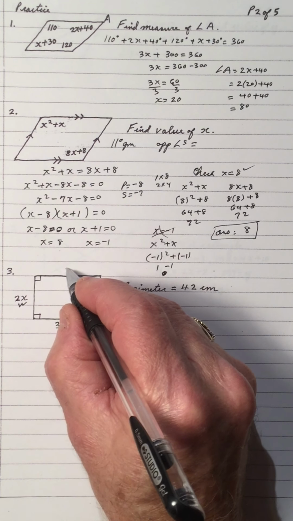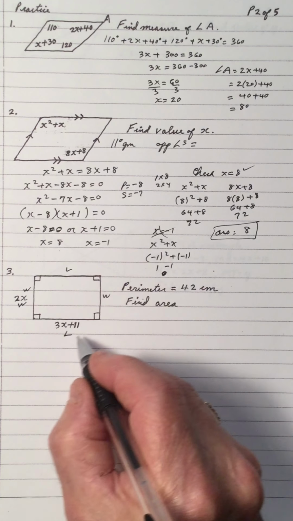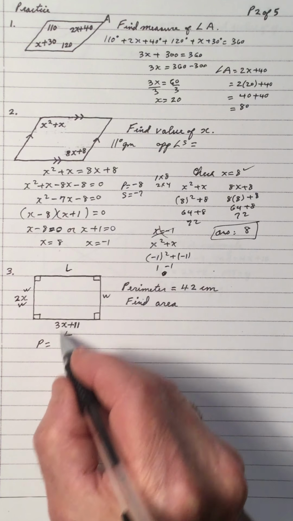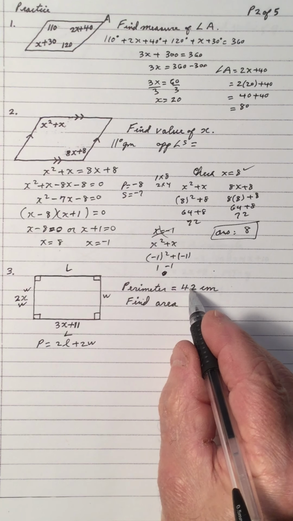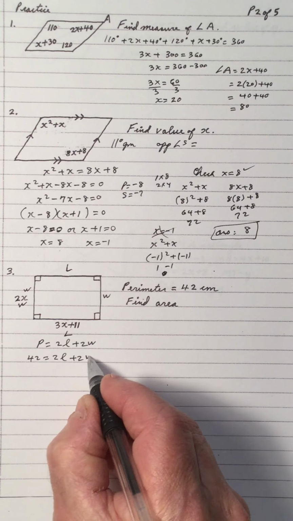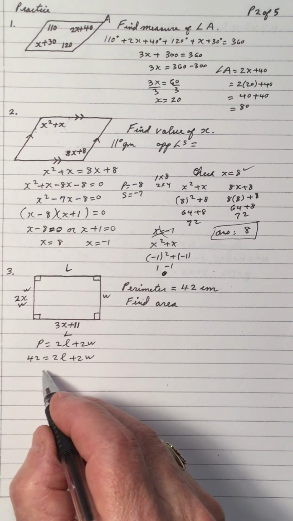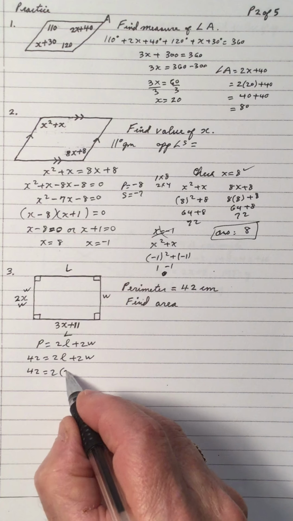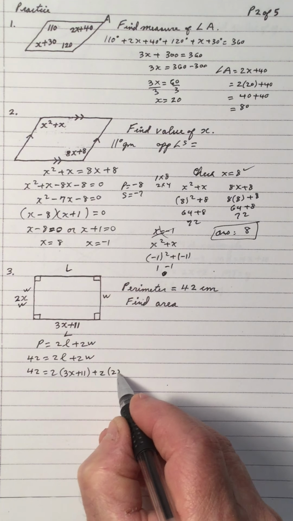So the perimeter, opposite sides are equal, that's why we have 2L plus 2W. So the perimeter is 42, so 42 equals 2L plus 2W. The length is 3x plus 11, and the width is 2x.